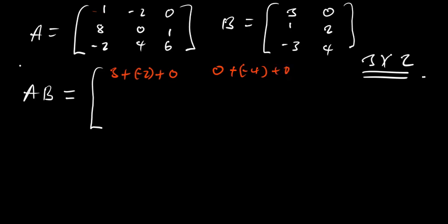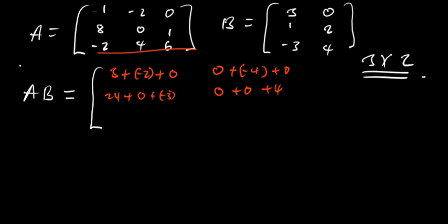I'll go now to the next one. It has to come with that one and also multiply it by that one. So it will be 8 times 3, that is 24, plus 0 times 1, 0, 1 times -3 plus -3. Then that now by 8 times 0, I'm now doing this by that. So 8 times 0 is 0, 0 times 2 is 0, 1 times 4 is 4.